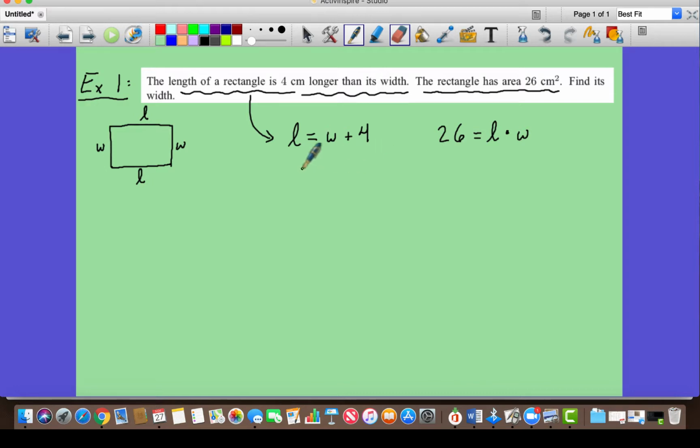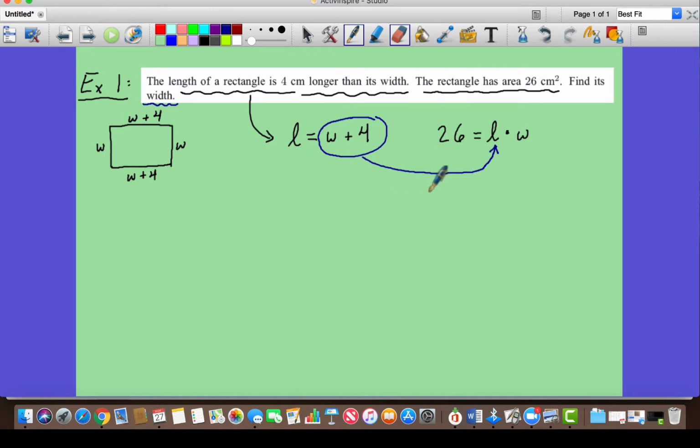And so I can actually probably go over here and adjust my picture a little bit at this point now to say that instead of length, or L, I can replace that with W plus 4. Alright, so now since L is equal to W plus 4, and we're trying to solve for W, been asked to find the width, I'm going to replace L in this area equation over here with what L is equal to, W plus 4.